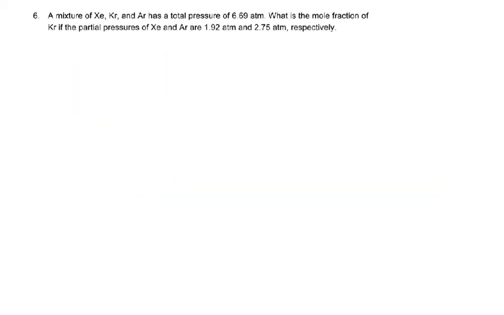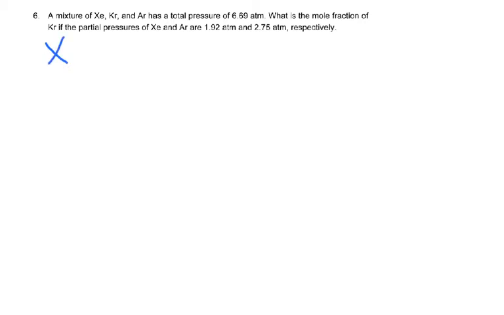All right, so let's look at this next one. A mixture of xenon, krypton, and argon has a total pressure of 6.69 atmospheres. Okay, so we have P total. What is the mole fraction of krypton if the partial pressures of xenon and argon are 1.92 atmospheres and 2.75 atmospheres, respectively? So let's look at a couple of things. We want to find the mole fraction of krypton.